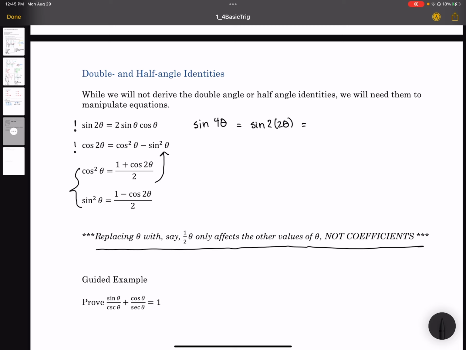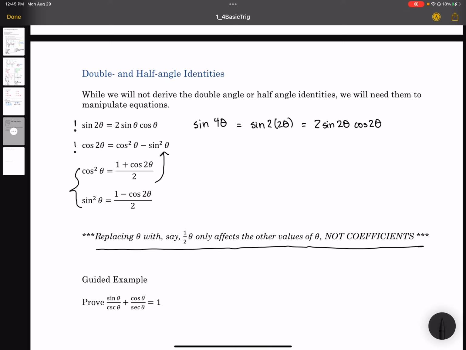So the sine of 4 theta is going to be 2 sine 2 theta cosine 2 theta.